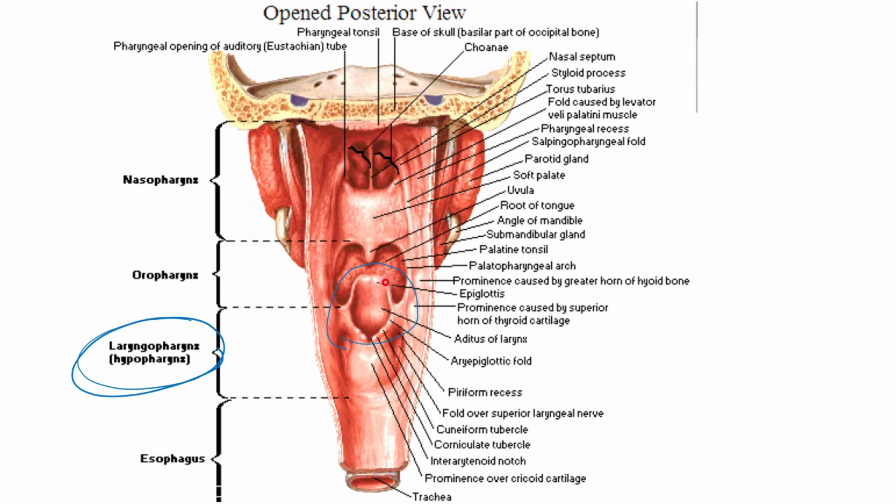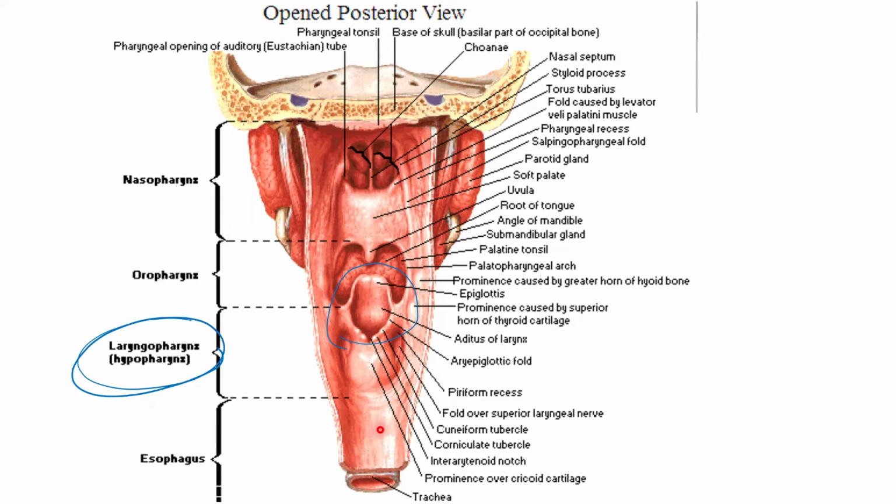It is limited in front by the epiglottis, the uppermost part; below, by the interarytenoid fold of the mucous membrane; and on either side by the aryepiglottic fold. So this entire thing which is seen is the laryngeal inlet, which opens into the larynx. These structures are the anterior wall of the laryngopharynx.